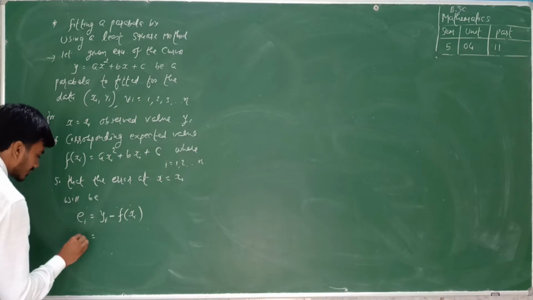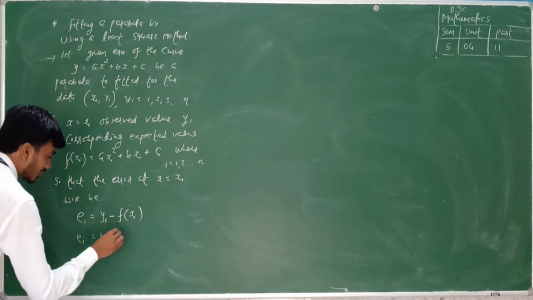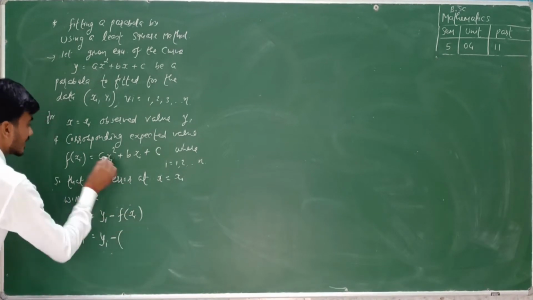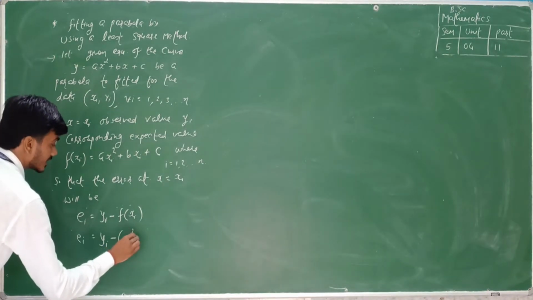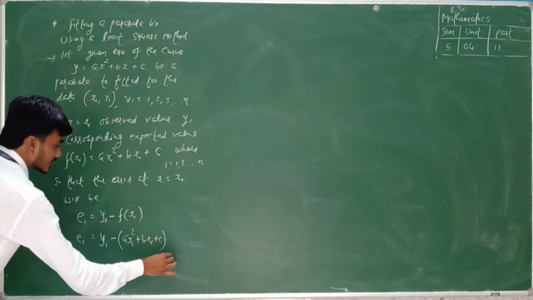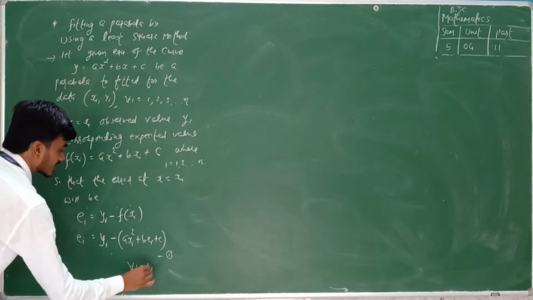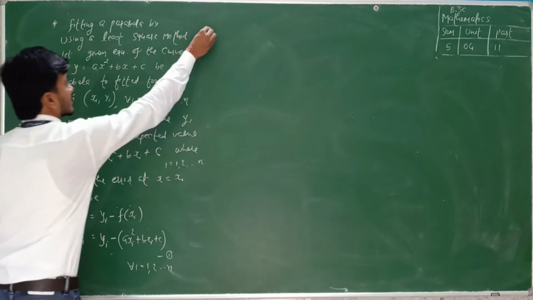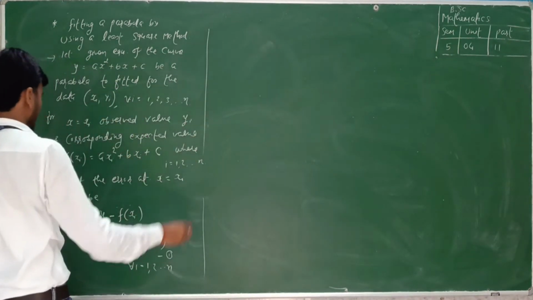So ei = yi − f(xi), that means yi − (axi² + bxi + c). This is equation 1 for every i = 1 up to n, the set of n observations.